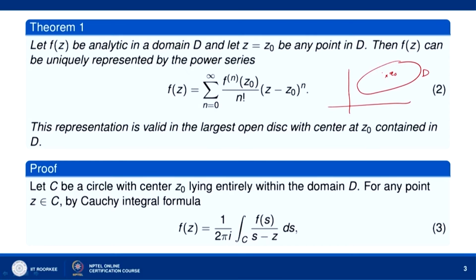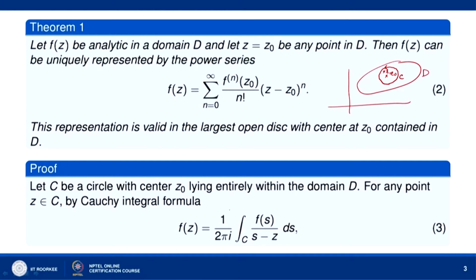Let C be a circle with center at z naught and lying entirely within the domain D. So let us consider a circle, say this circle is C, with center at z naught lying entirely within the domain D. Now we consider any point z belonging to the interior of C. For any point z belonging to the interior of C, by Cauchy integral formula f(z) is equal to 1 over 2 pi i integral over C f(s) ds over s minus z.